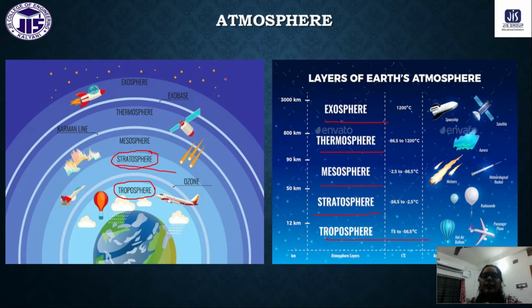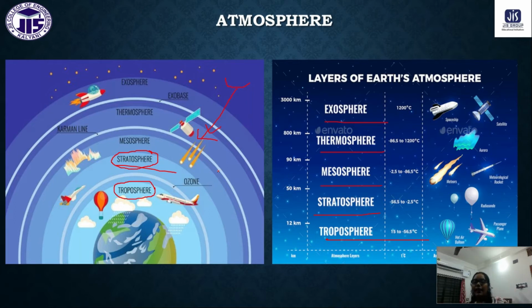The sunlight includes many different types of radiation, and among them UV radiation is very harmful for any type of living system. While the sunlight passes through the stratosphere, the ozone molecules absorb this UV radiation.